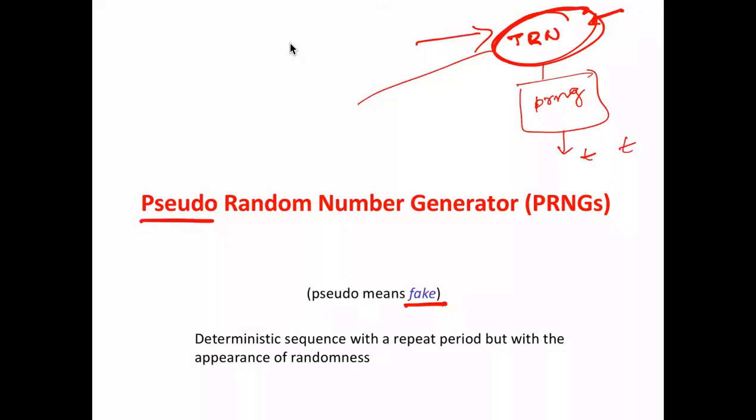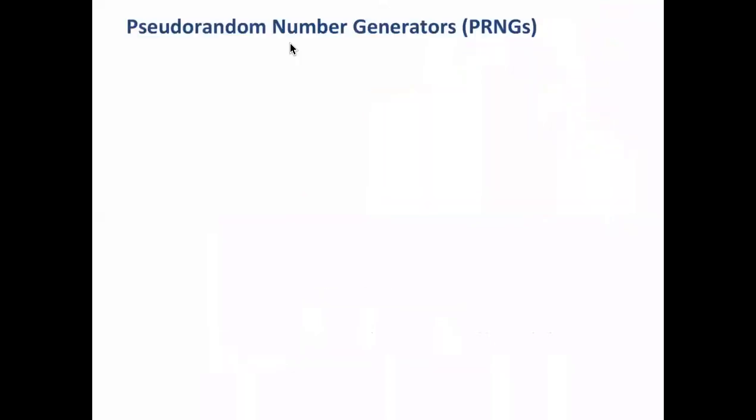However, it should work because the probability of finding out what is the next pseudo random number has got to be very, very small. Okay, any question? Do we understand the difference between pseudo random number and random numbers? Yes. Okay, all right.